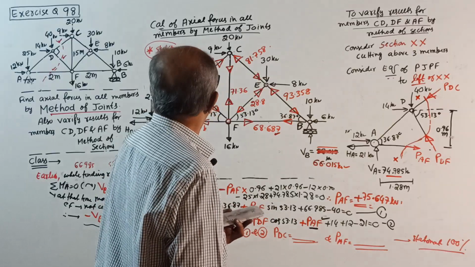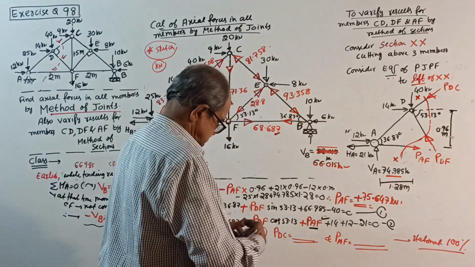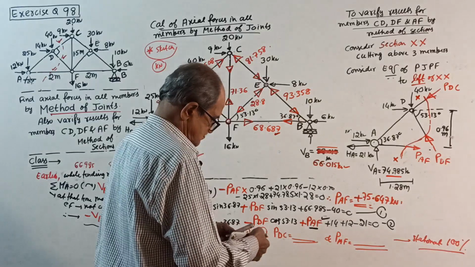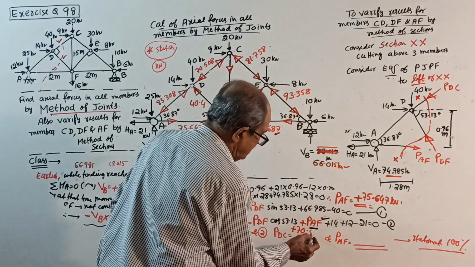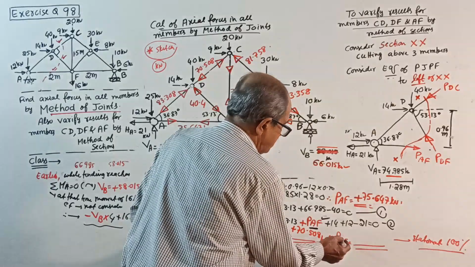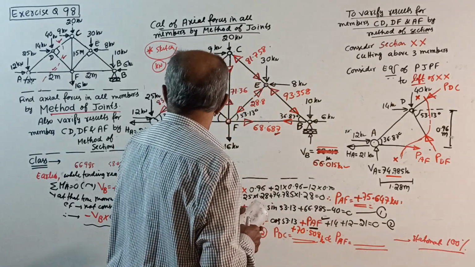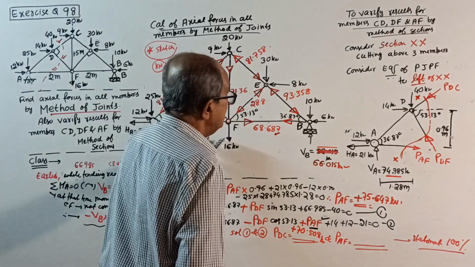PDC will come 70.508 kilonewton. PAF will come, not PAF, other one is PDF.